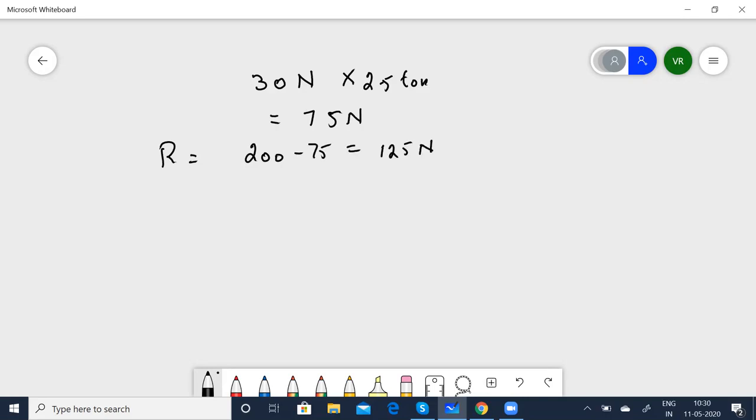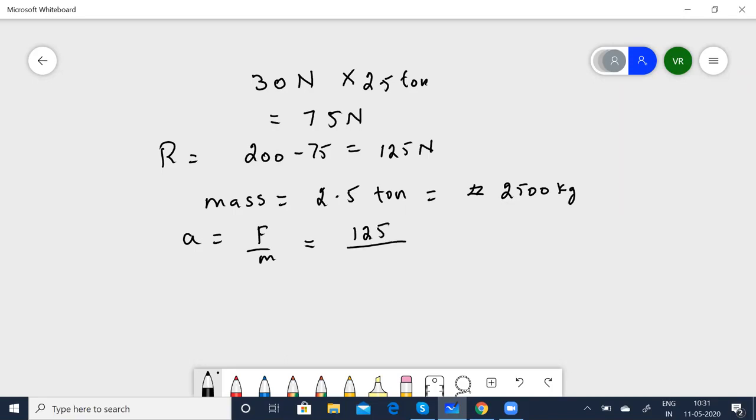Mass is given as 2.5 tons, or let us convert this to kg, which gives you 2,500 kg. Now, a is equal to F by m. Substituting the values, force is 125 newtons and mass is 2,500 kg, which gives you 1 by 20 meters per second squared.